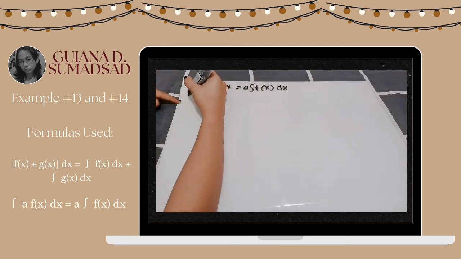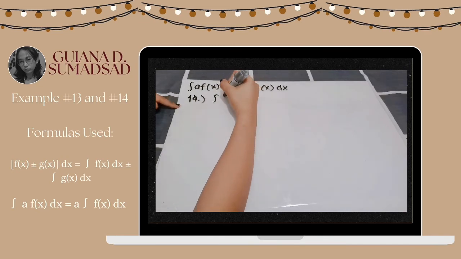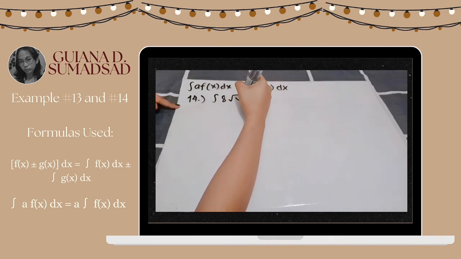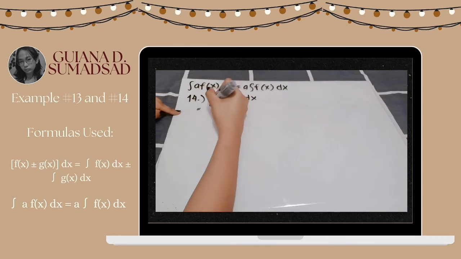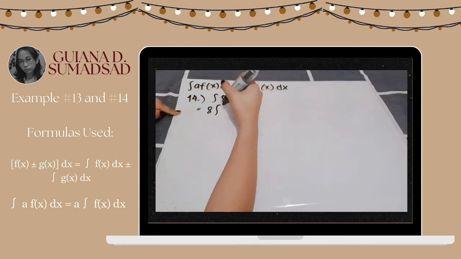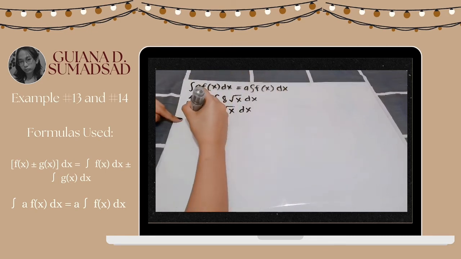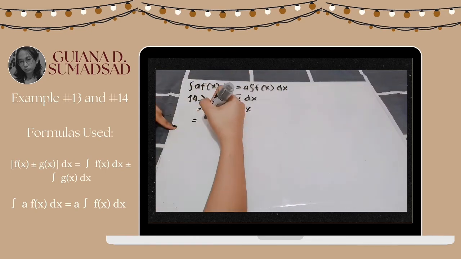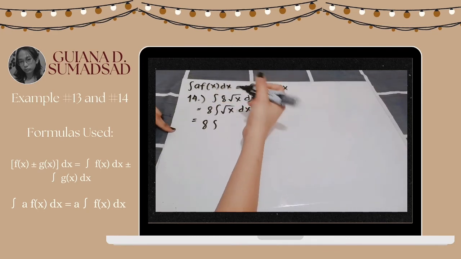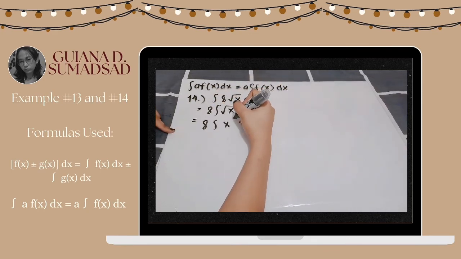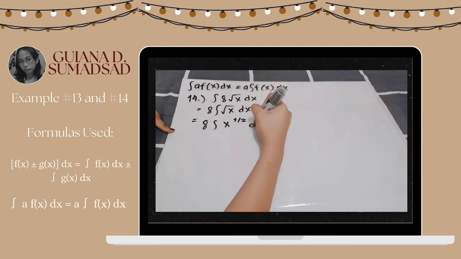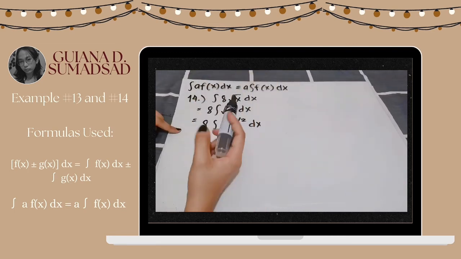For example, under number 14, integral of 8 square root of x dx. So we are going to move the constant again outside. It would be 8 integral of square root of x dx. Next, 8 integral of x raised to 1/2 dx, because we have the square root sign.